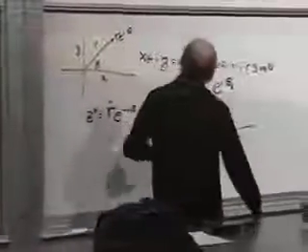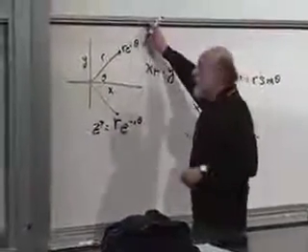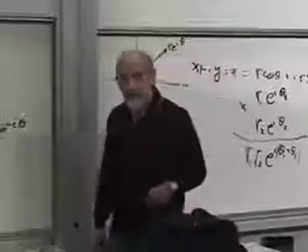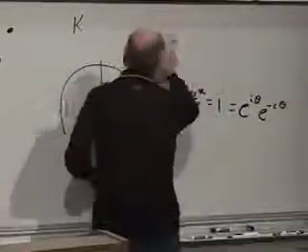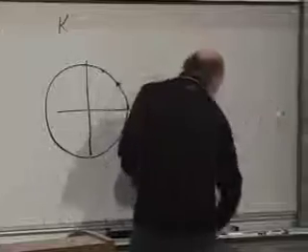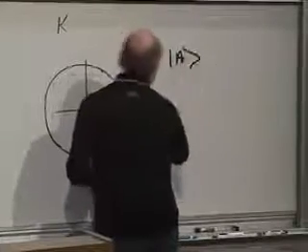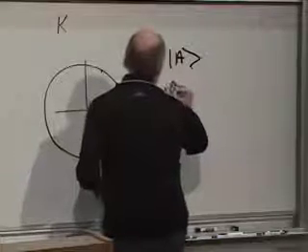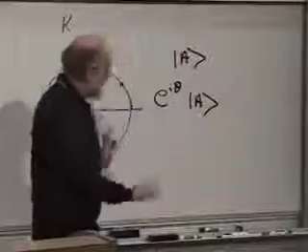Good. Now, what does that have to do with these vectors? Formally, or just mathematically, we distinguish two vectors. Let's call one of them A, and let's call the other e to the i theta times A, where theta is any angle, a number.